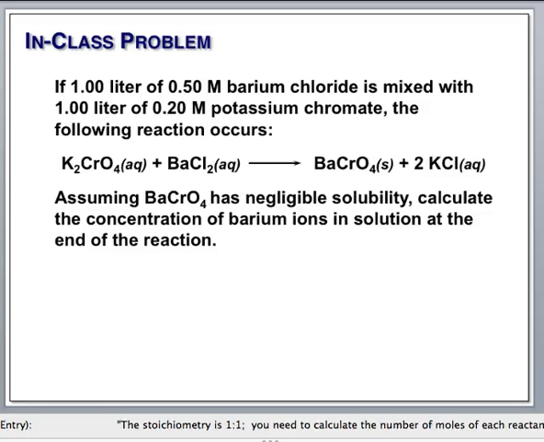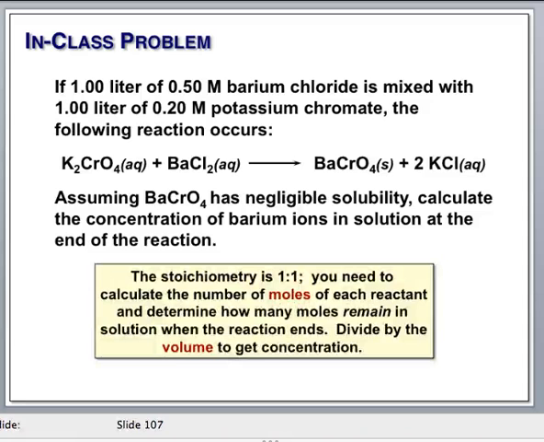Makes sense. Our stoichiometry here is all 1-to-1. Let's look and see how many moles of barium chloride we have, how many moles of potassium chromate we have. That will tell us how many moles of this stuff we're going to get. Once we know how many moles we're going to get, that will tell us how much barium is left over. Trivial, isn't it?